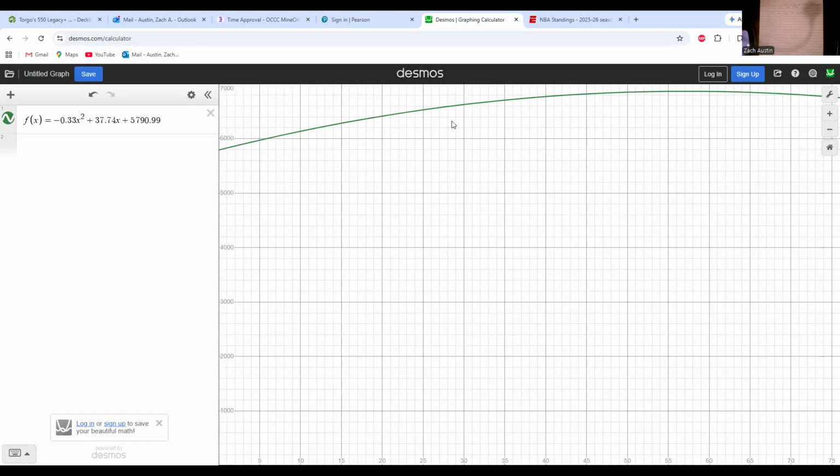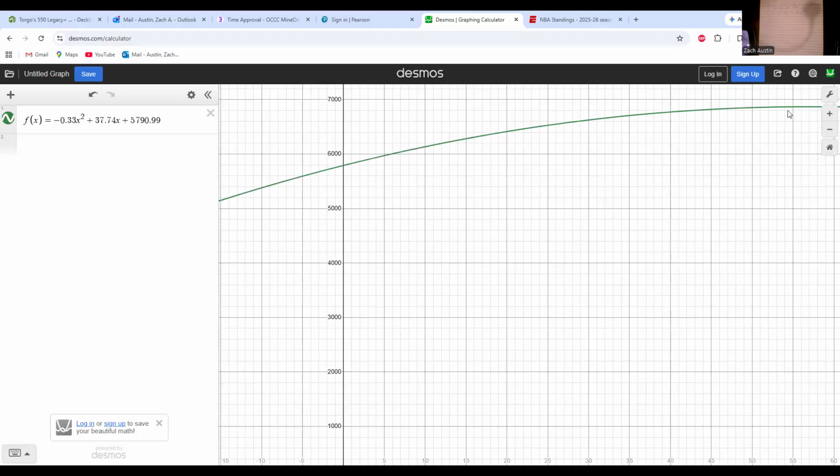Okay, but again, this is where I want to adjust. I want to note that I am not using anything from here all the way down to the bottom of the screen, right? None of this is of any value to me. So if I want to get a better picture of what this parabola looks like, I'm just going to zoom in on this part of the graph, like 5,000 to 7,000 is probably good enough.